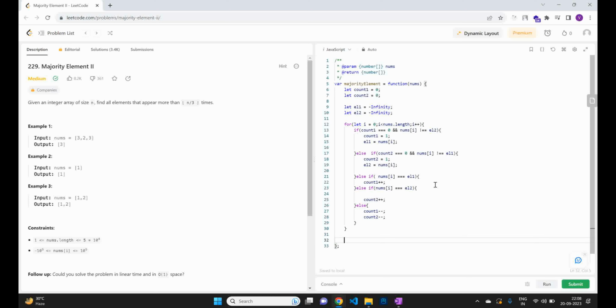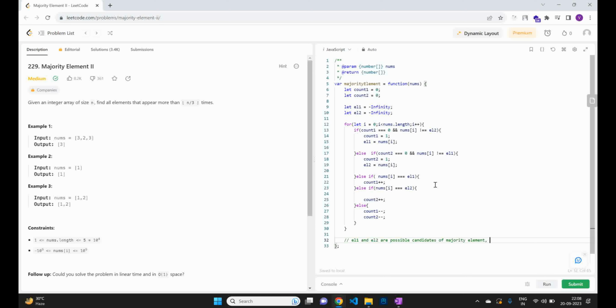But one more thing you always have to remember about Moore's algorithm is that EL1 and EL2 are only possible candidates for the majority element.